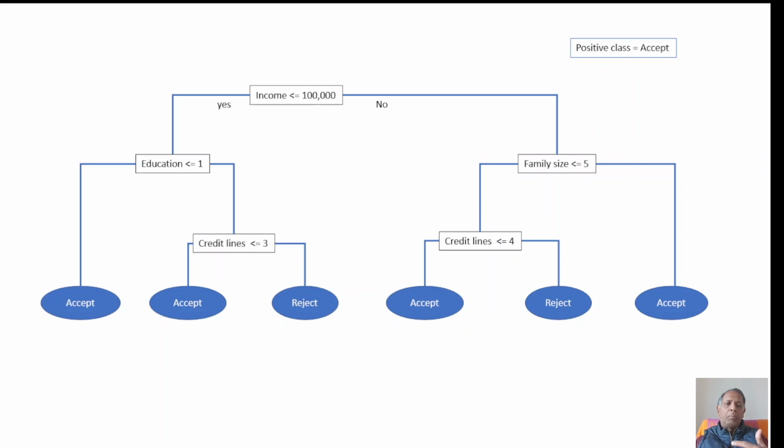It's got information about their age, income, education level, how many credit lines they already have, family size, etc., etc. So we've got a lot of information, and historically we've got information on whether, for each person for whom we have all this data, their loan application was accepted or rejected.